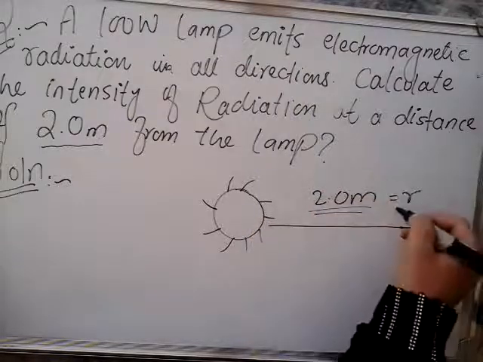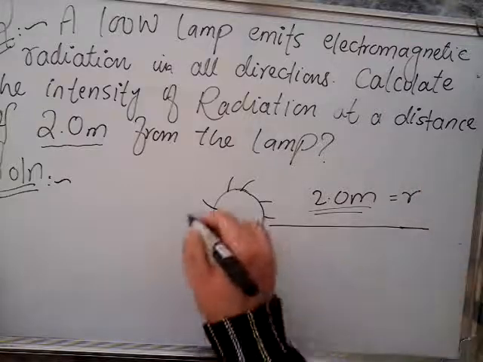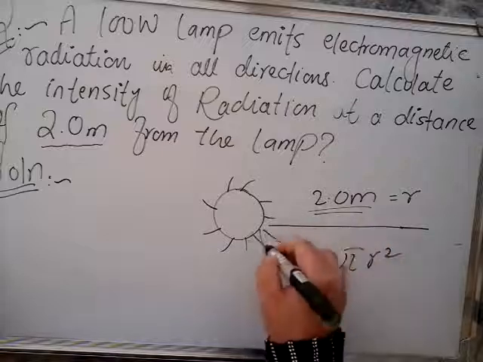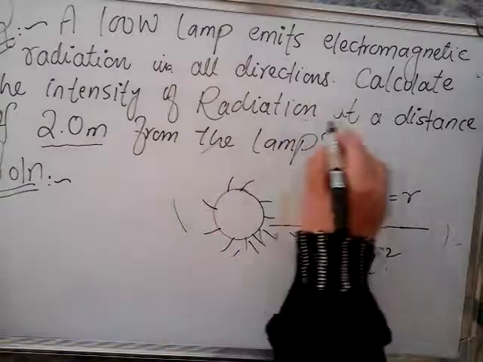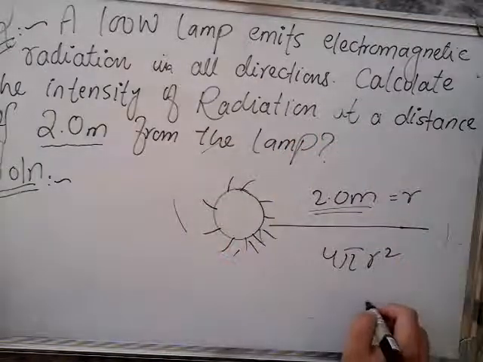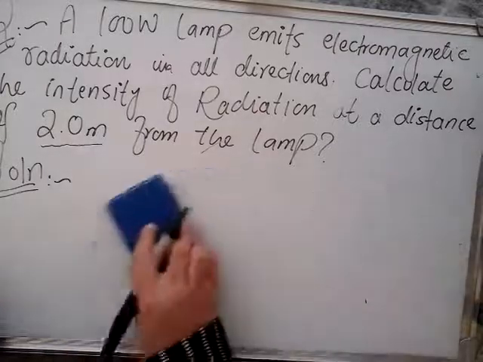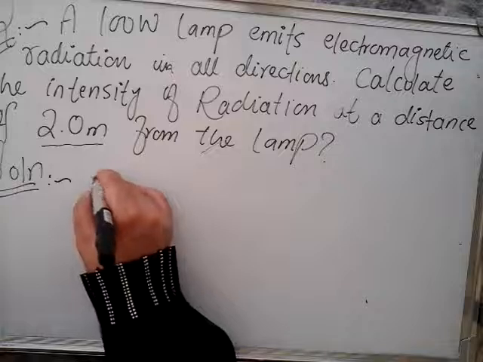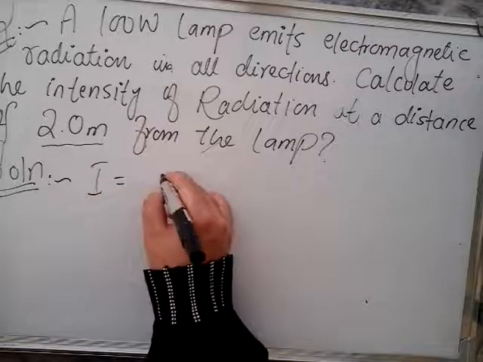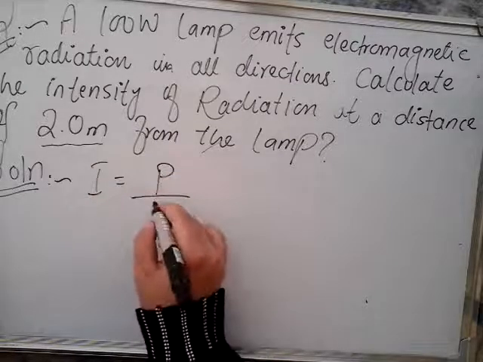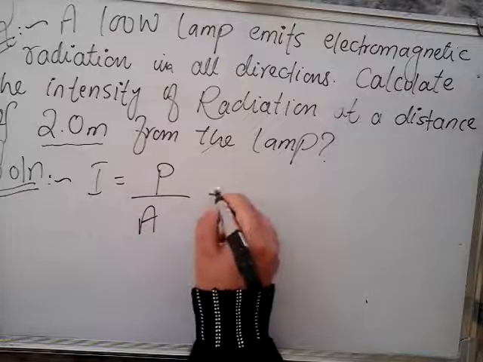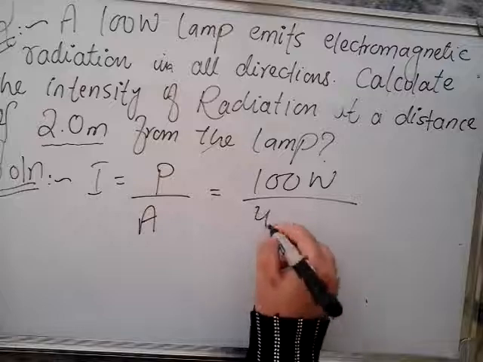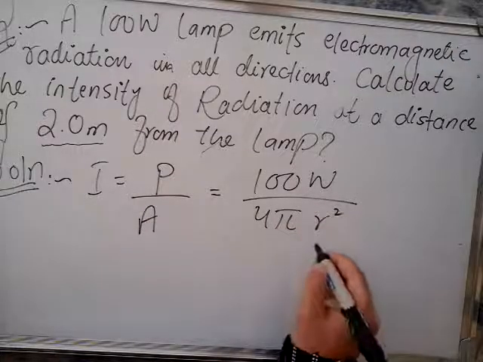So this 2.0 meter is the radius, and then we have to find the area through 4 pi r square, because it emits radiation in all directions, covering a surface area. So the intensity is equal to power over area. Power is 100 watt divided by area 4 pi r square.